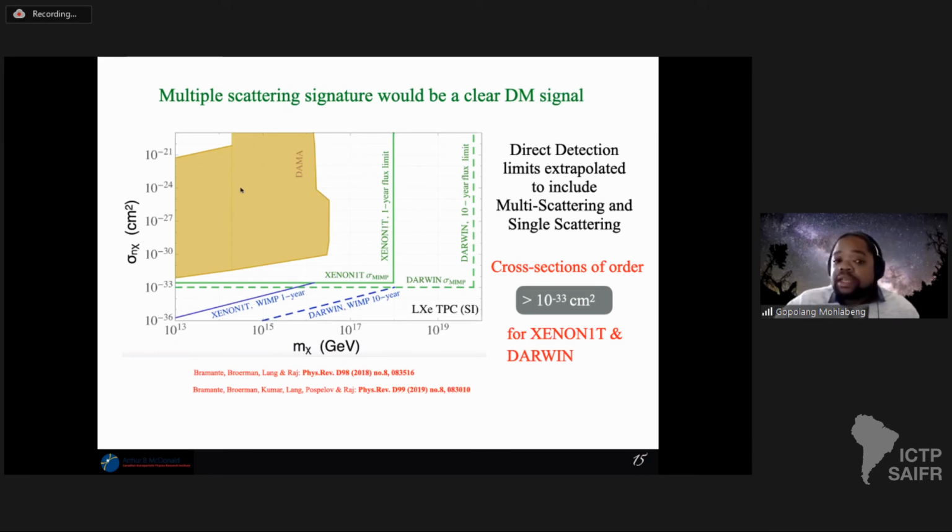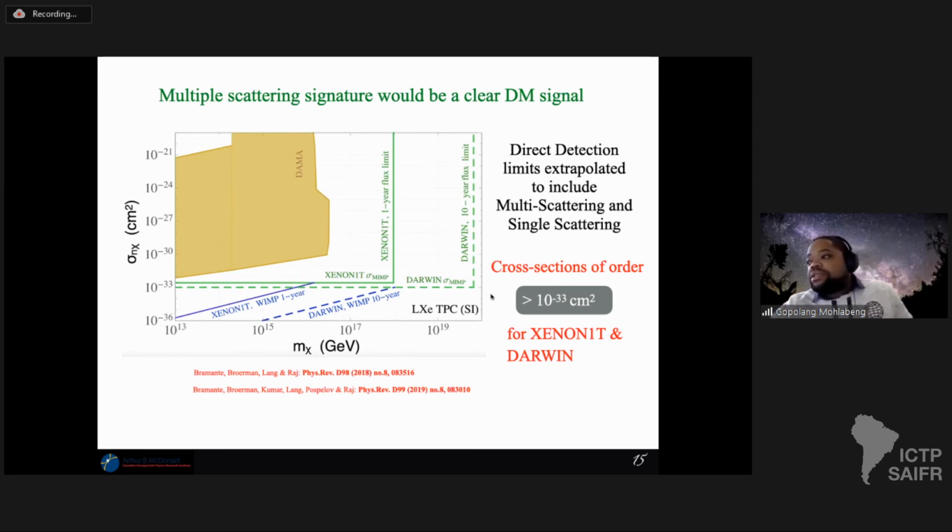Here, Dharma actually in the late or early 90s searched for this signal through timing, and they put a limit on the mass versus cross section. Here are projections for the Xenon 1 ton multi-scattering and the Darwin multi-scattering with a 10-year flux limit. This is an extrapolated limit from the Xenon 1 ton experiment, and this is an extrapolated projection for Darwin with just one scattering in the detector.